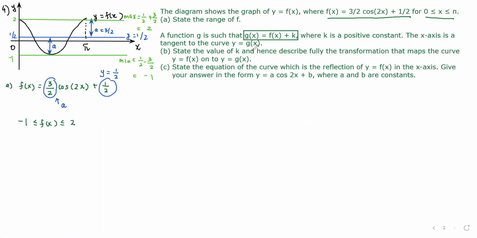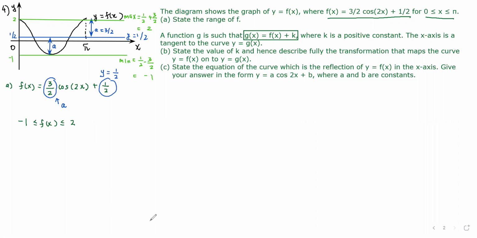So the new graph g(x) has the x-axis as the tangent. Now if you look at the original graph, you will see that the minimum point has y equals -1 as the tangent.